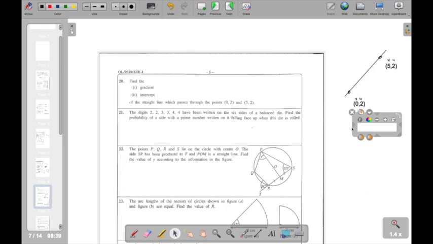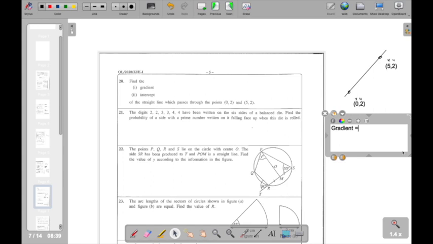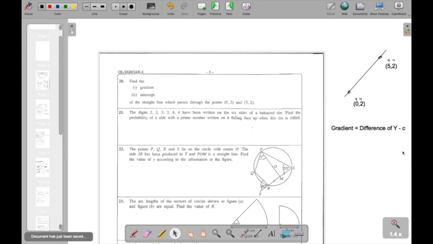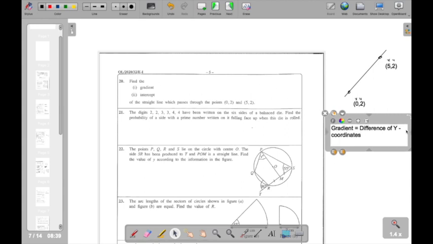Now to find the gradient, you should know the basic equation. Gradient equals difference of y coordinates over difference of x coordinates.